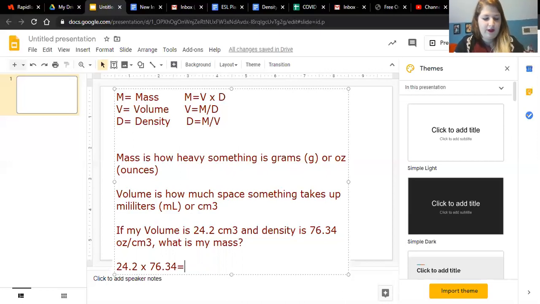24.2 multiplied by 76.34 is 1,847.43. Now on my calculator it says 428, but the reason we're saying 43 is because the 8 rounds the 2 up. So for those who don't know rounding rules, anything 5 or more, you go up.